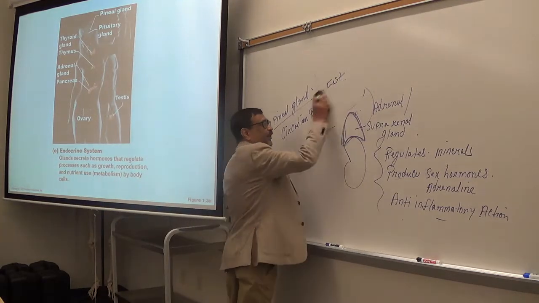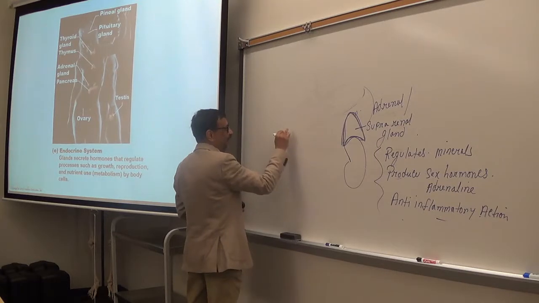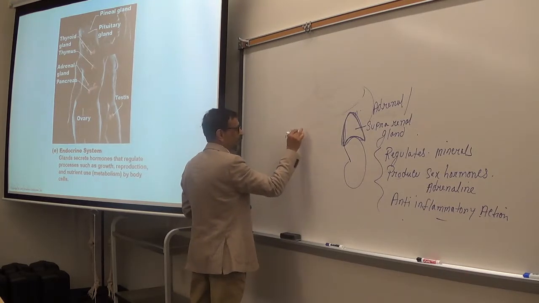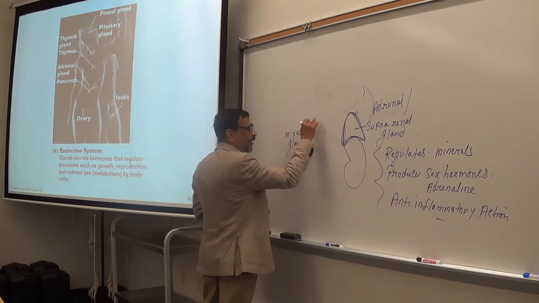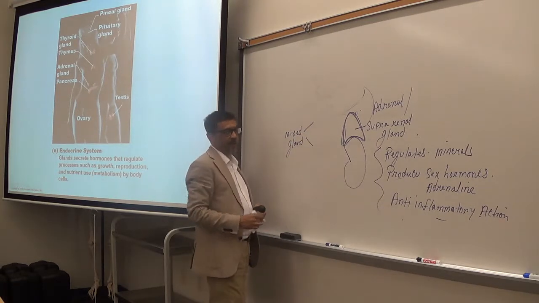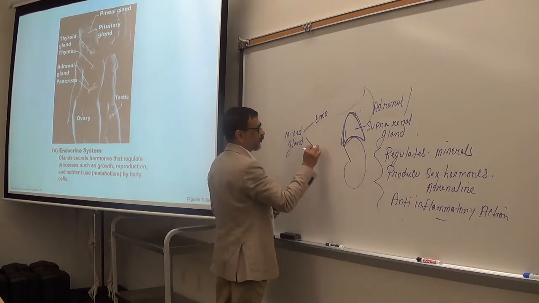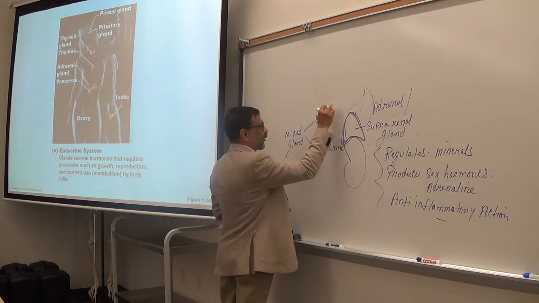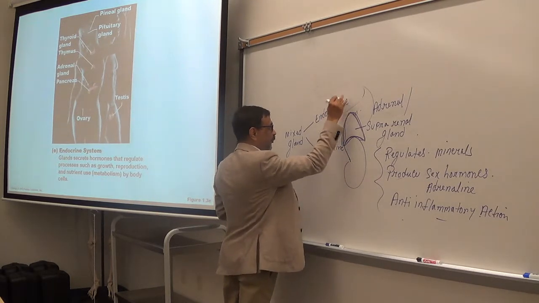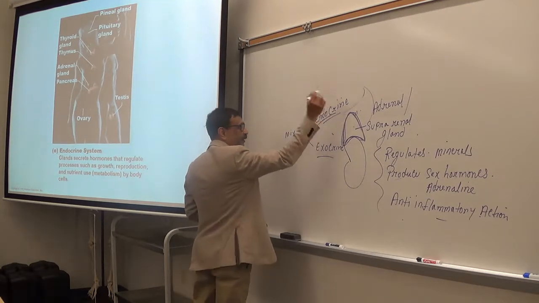All other glands we talked about are purely endocrine, but pancreas is a mixed type gland because it has endocrine as well as exocrine parts, both. That's why it is called a mixed. Other glands are purely endocrine.